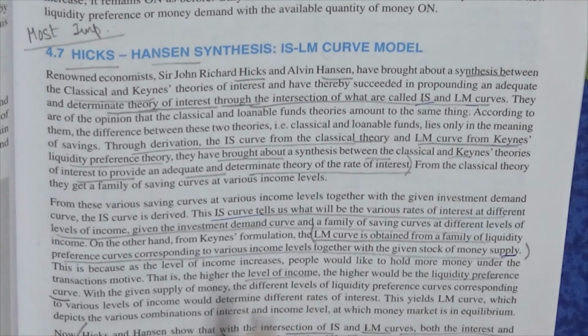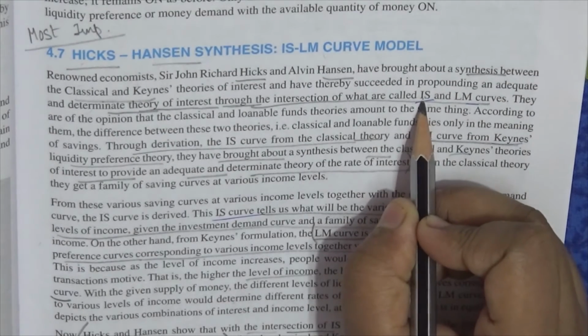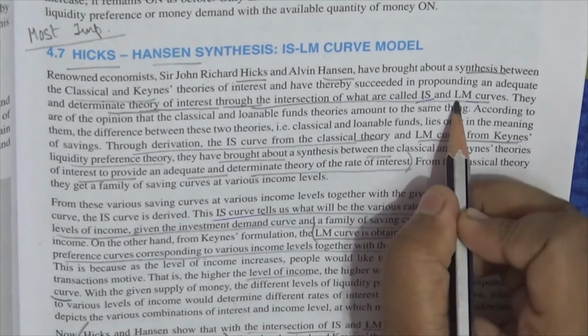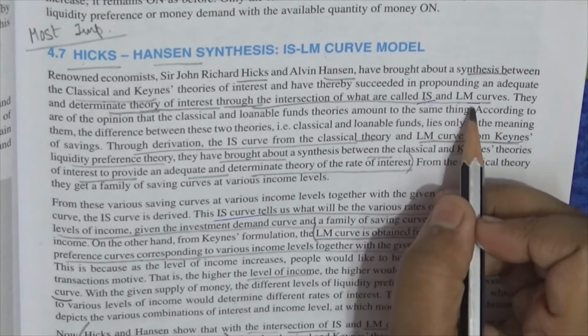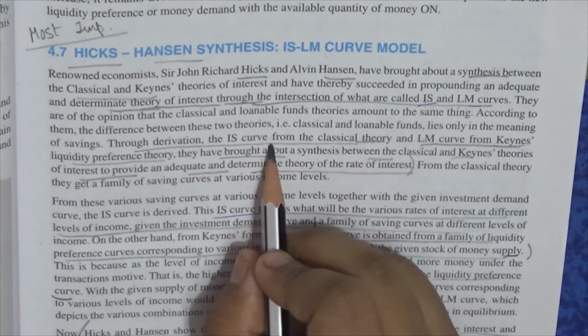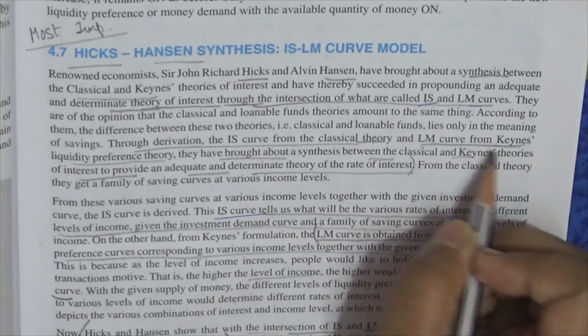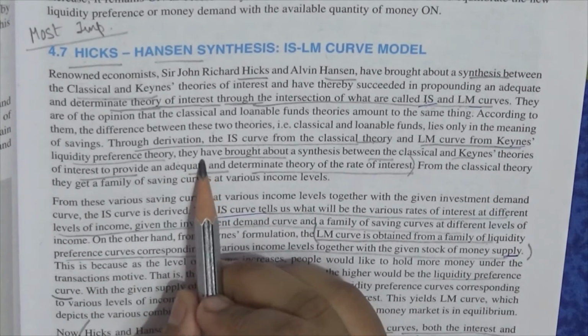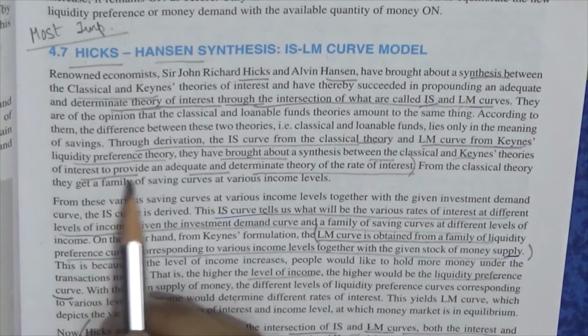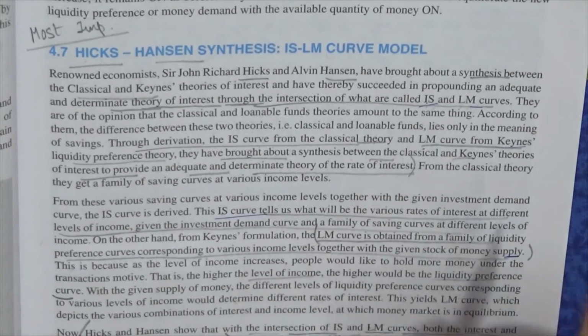You have to remember that I stands for investment and S for saving, and L is for liquidity preference, and M is for money. Through derivation, the IS curve comes from the classical theory and the LM from the Keynes liquidity preference theory. They have brought about a synthesis between the classical and Keynes theory of interest to provide an adequate and determinate theory of the rate of interest.